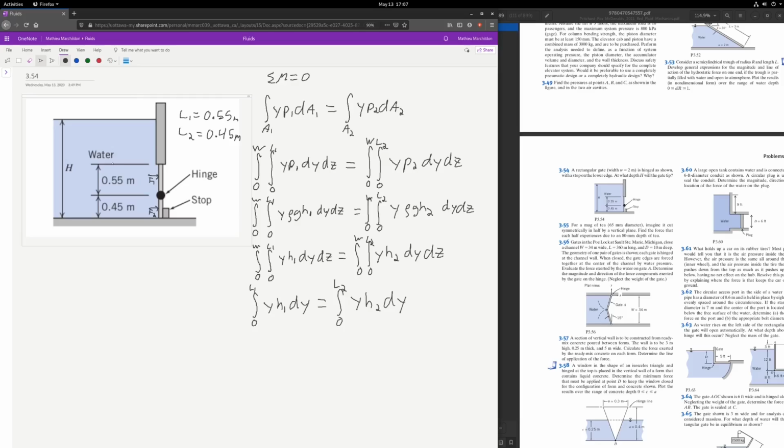So the function h1, if we look at our integral right here, what we're going to be doing essentially is starting at the first area 1 right here, and moving along from 0 all the way up to L1.